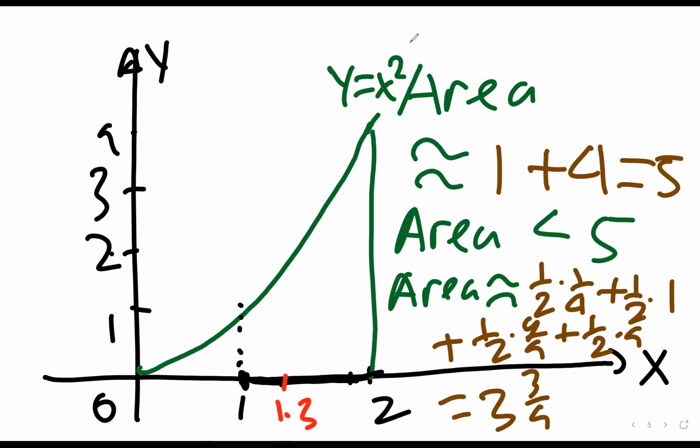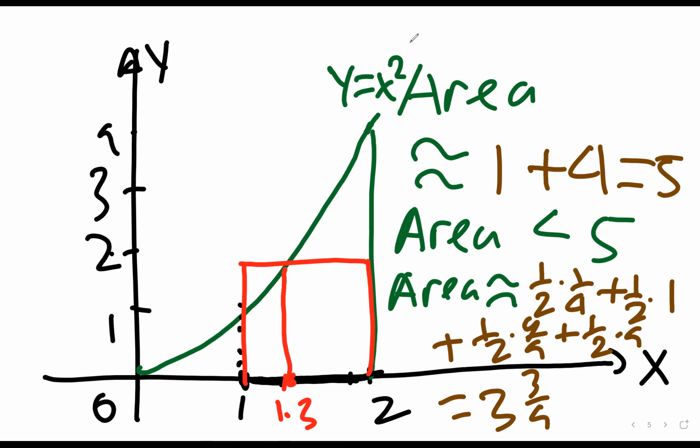Then I make the rectangle as follows. The height of the rectangle is determined by the value of the function at 1.3. Here this one is 1.69, because 1.3 squared is 1.69, right? So I make the rectangle like this. In this sense, the height of the rectangle can vary. It depends on the choice of the sample point.